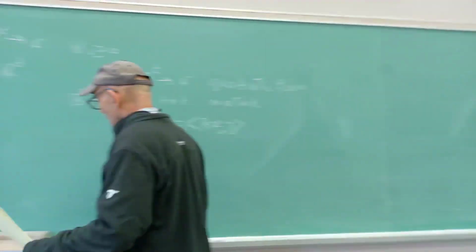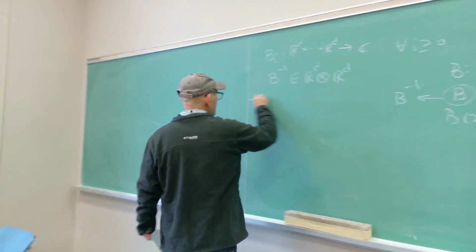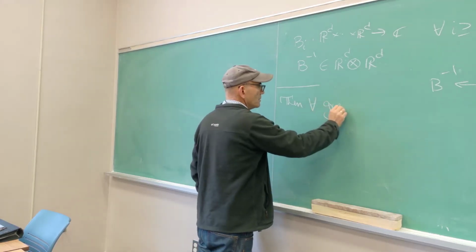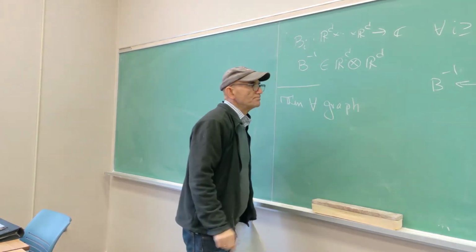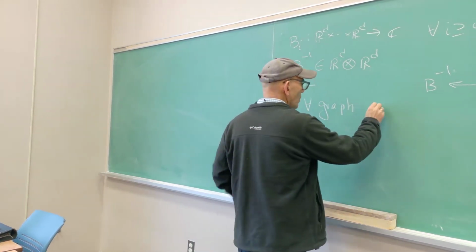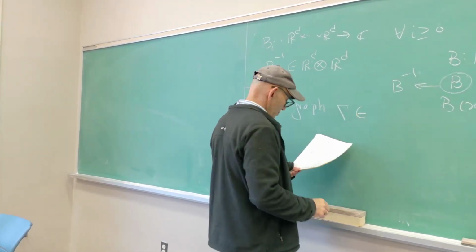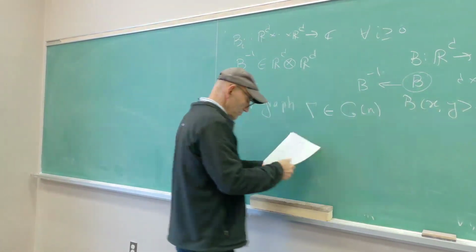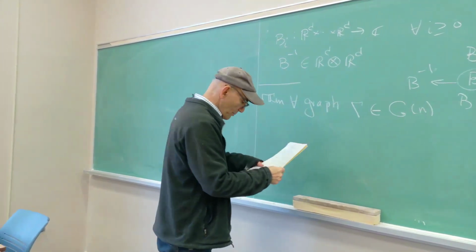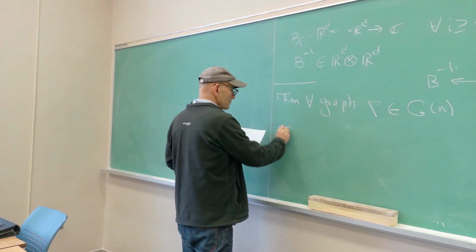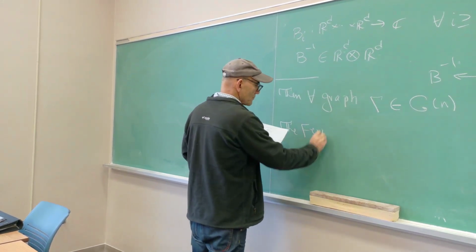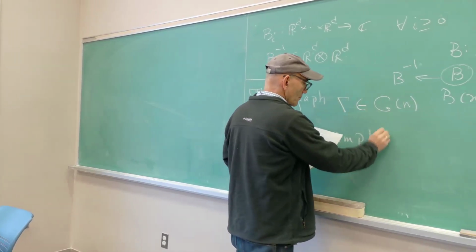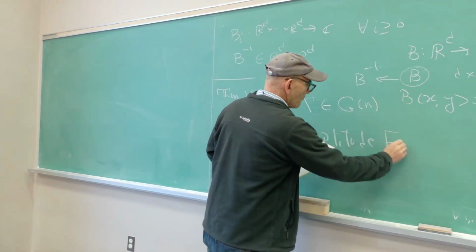Now, for any graph G or gamma belonging to Gn, the Feynman amplitude F gamma.